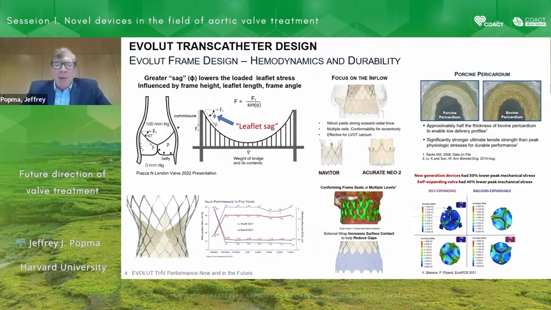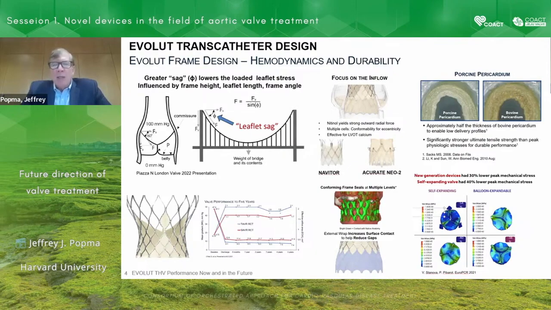Hemodynamically, this results in low gradients that are sustained out to 5 and 10 years. There's a very strong inflow that's conformable to the annulus and able to seal around left ventricular outflow tract calcification. We know that the porcine pericardium is thinner, and the way it's constructed has less leaflet stress, 40% less leaflet stress than with balloon-expandable technologies.